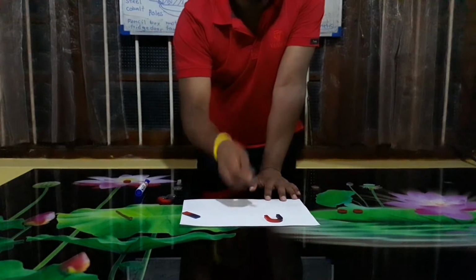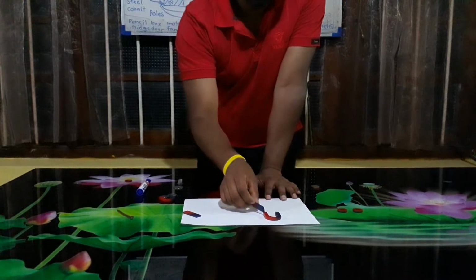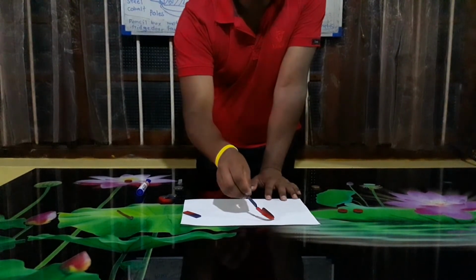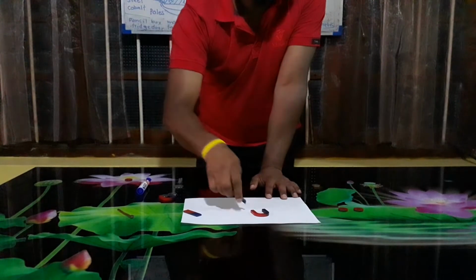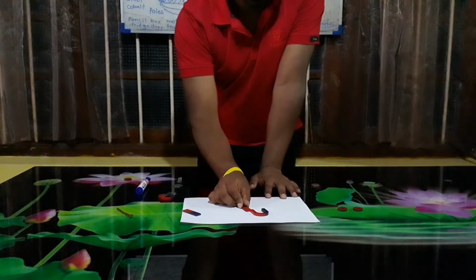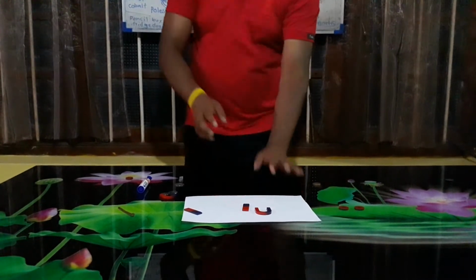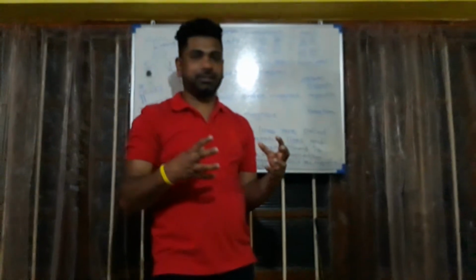Here the north pole is there, and here the blue color south pole is there. They get attracted. But if I use the north pole, like poles, it will get away. It will repel. Then we can come to a conclusion, right?